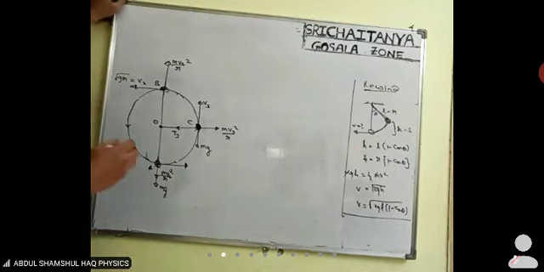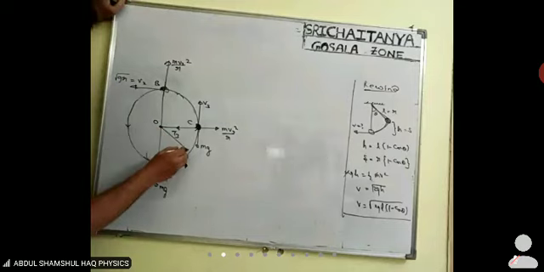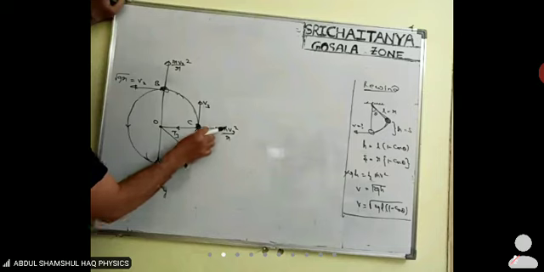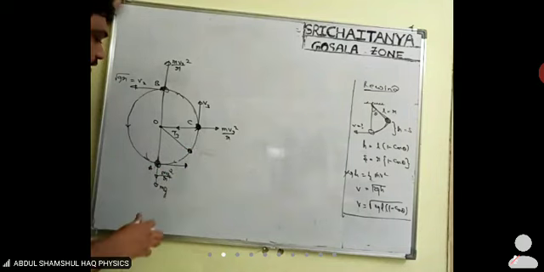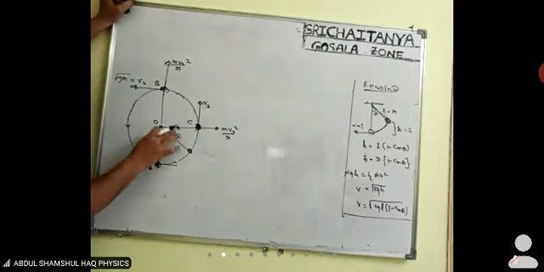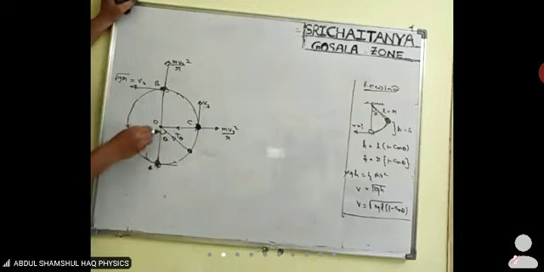If there is a point at this location, I need to find what the velocity would be at this position. This is the tension prevailing here. Let us say it is T theta, and this angle is theta with the lower vertical.